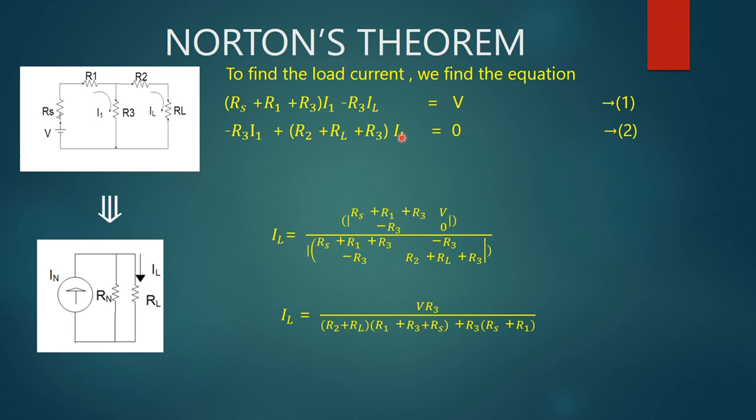We use Cramer's rule to find IL, and that is IL equals the determinant with rows (RS plus R1 plus R3, V) and (minus R3, 0), divided by the determinant of the coefficients of current, that is (RS plus R1 plus R3, minus R3) and (minus R3, R2 plus RL plus R3). If we solve this determinant, we find IL is equal to V R3 divided by (R2 plus RL) into (R1 plus R3 plus RS) plus R3 into (RS plus R1).